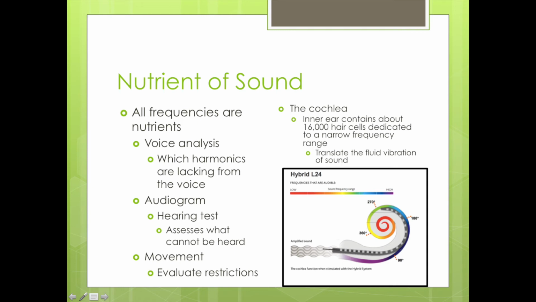Also, if one ear is deficient in hearing overall or within specific frequency ranges, imbalances may occur in the body's system. For instance, if a person was left ear dominant, that may lead to stronger emotional reactions because the right brain would be fed substantially more sound.